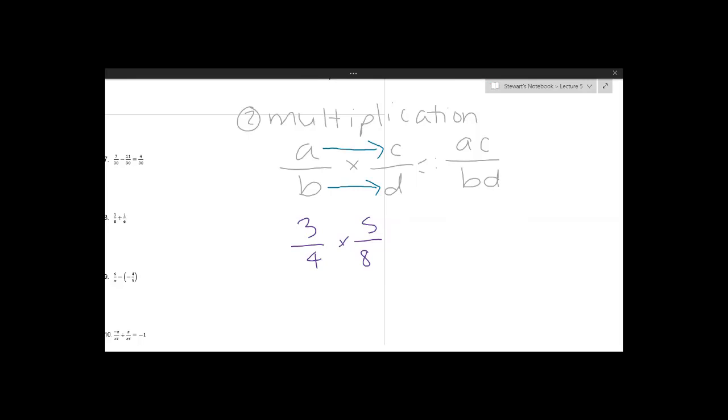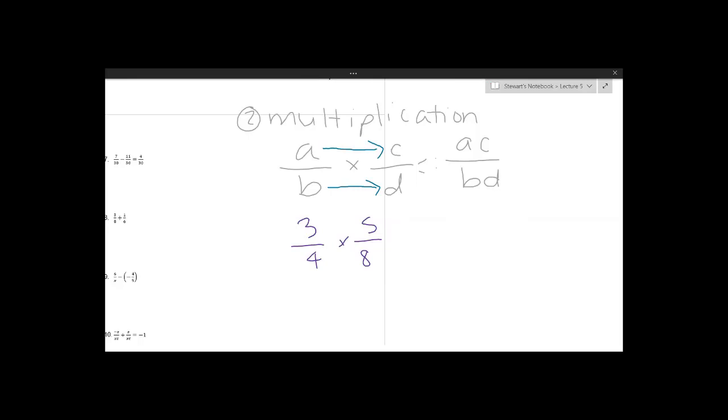You're not asking what's 3/4 plus 5/8 or 3/4 minus 5/8. You're not adding or subtracting to group different parts of the same whole together. You're seeing what would happen if you multiplied different parts of different fractions together.